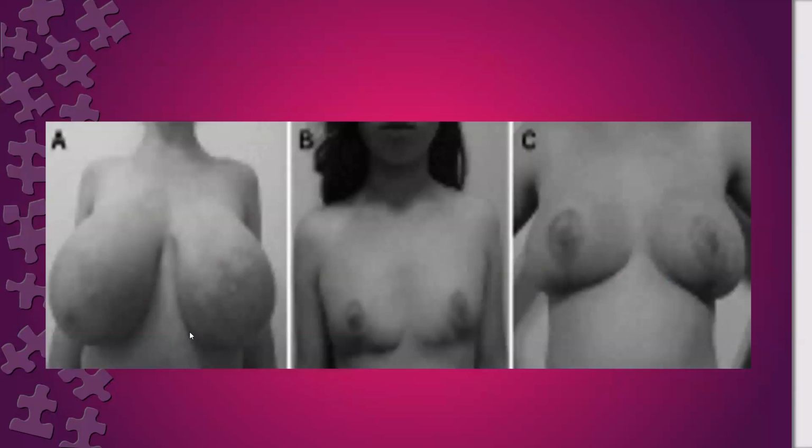And what about this one? She's the same. These three images are of the same patient. When you look at her face here, she is young, and bilateral. Yes, same condition.